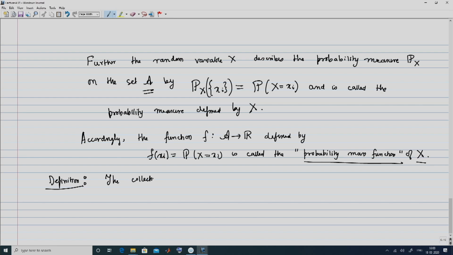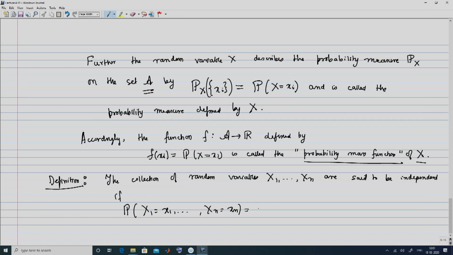So, the collection of random variables x 1 all the way to x n, some n number of random variables, are said to be independent if the probability of x 1 is equal to some small x 1 all the way to x n is equal to small x n is simply the product of probability of x i is equal to little x i, i equal to 1 to n.